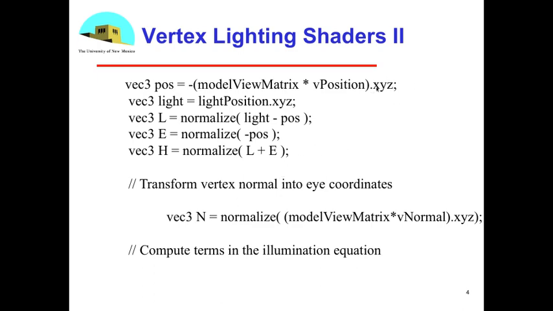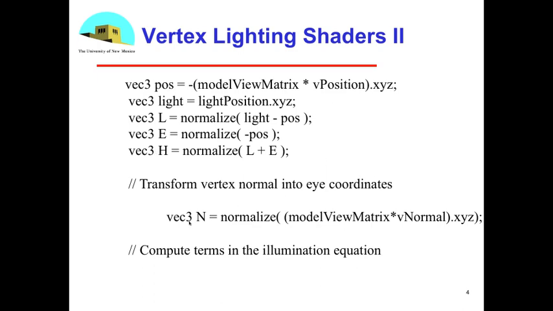Also notice that we're using a selection operator to just take the first three components, because these are specified as positions in four-dimensional space. They were points, but I'm now looking at directions that are computed from the origin out to those transformed points, and so I really want to use vec3s here, and we use that selection operator to do that.